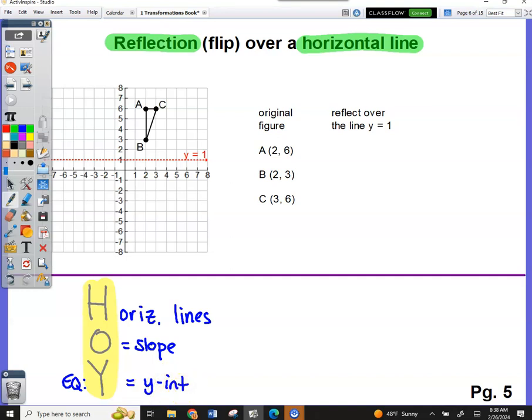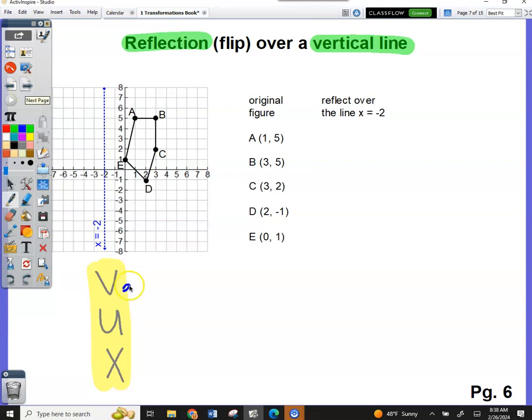It's telling you where it's crossing the y-axis. Then I'm going to come over here to VUX. We got vertical lines have an undefined slope. And the equation is x equals the x-intercept.